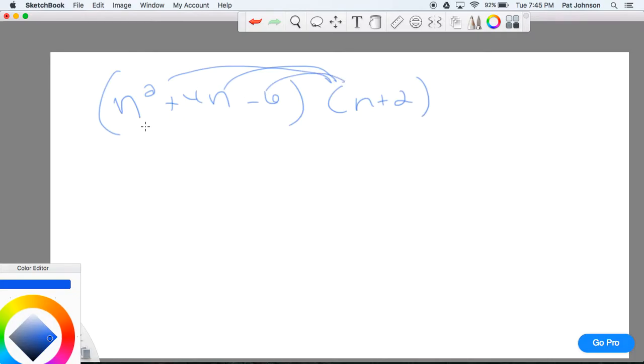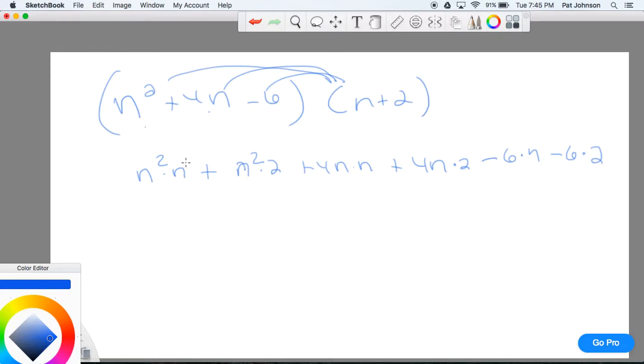So let's start with n squared. So n squared times n plus n squared times 2, now we do 4, plus 4n times n plus 4n times 2. Then you have a minus 6, so minus 6 times n minus 6 times 2.